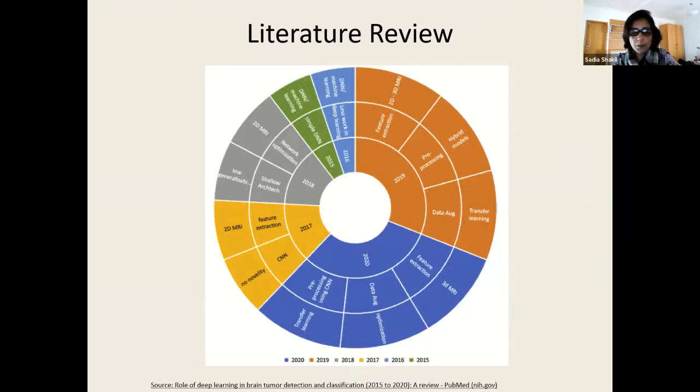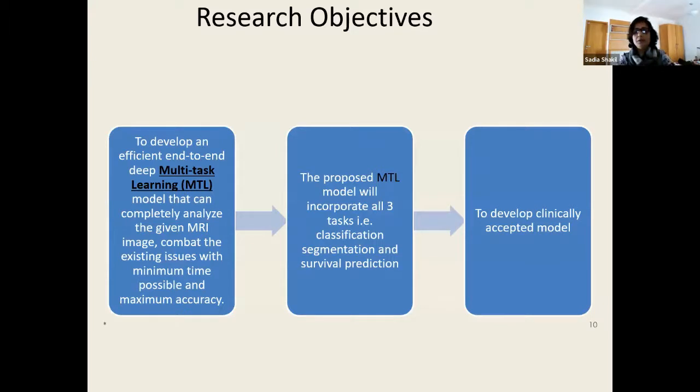So what we actually did was we thought of applying a method that can combine all of these aspects together in one framework to do all three tasks, classification, segmentation, and survival prediction, on the data obtained from brain tumor neuroimaging. The end goal that we wanted was to develop a clinically accepted model for this whole data set.